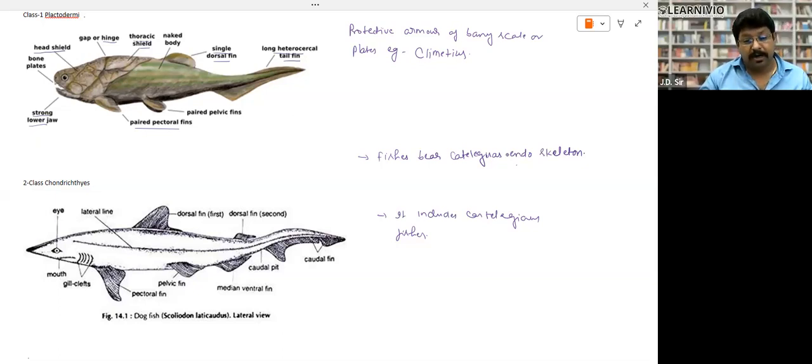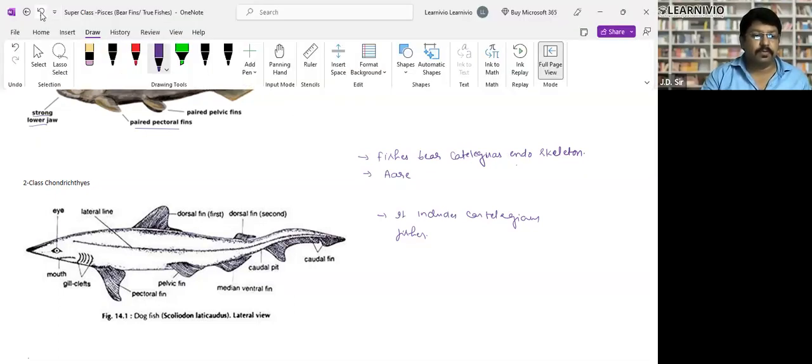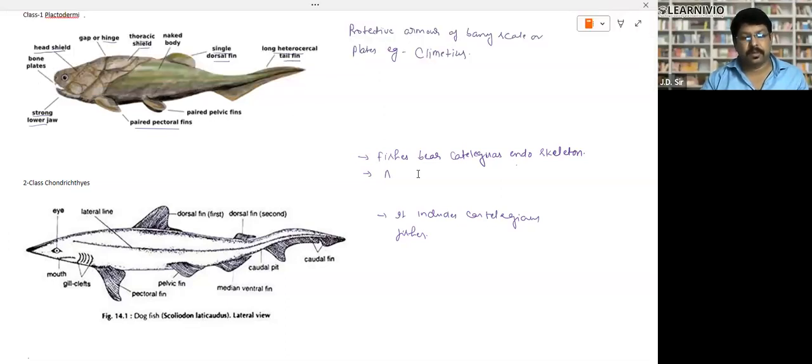They are cold-blooded. What is cold-blooded? What is a cold and warm-blooded organism? Cold-blooded are also called poikilothermic.